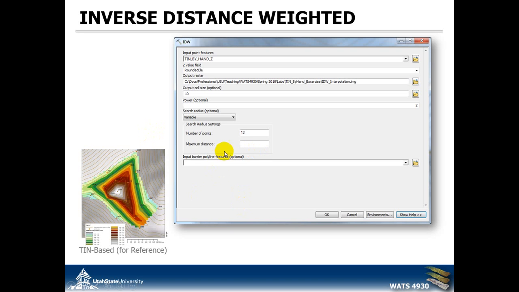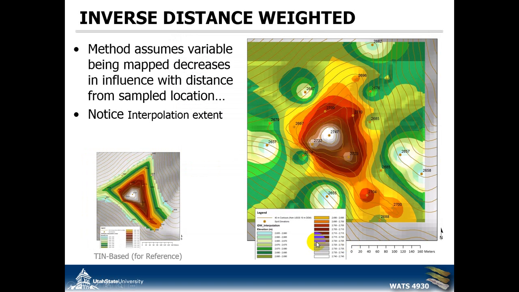You can input barriers, which you could think of as analogous to break lines. We talked about break lines in the context of TINs, and they would keep you from sampling stuff on the other side of a barrier. So if you were using IDW and you had a cliff, you wouldn't want to use the 10 closest points for stuff on the other side of that cliff. So this is a way to basically use a break line, if you will.